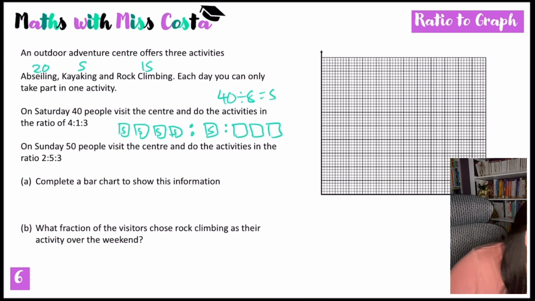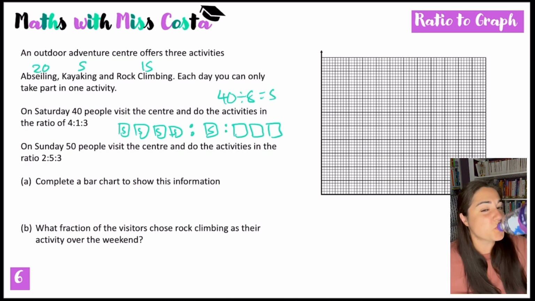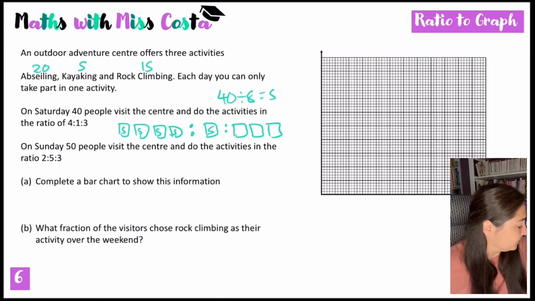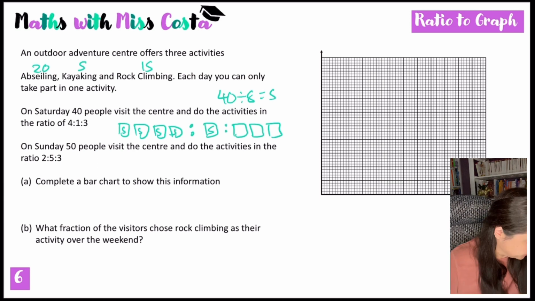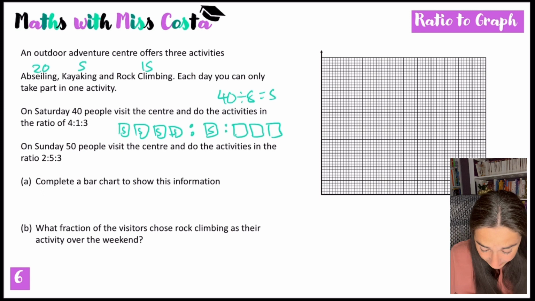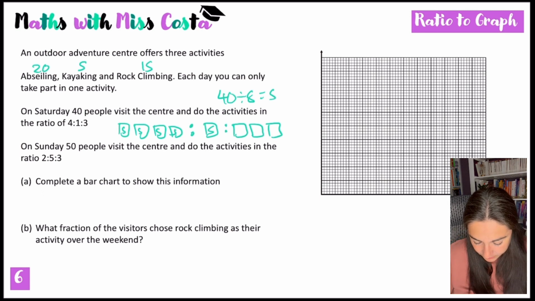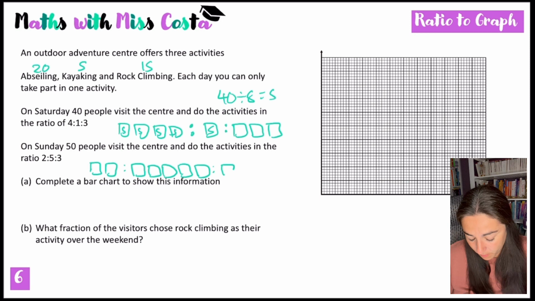And then the next day, 50 people visit the centre in the ratio 2 to 5 to 3.